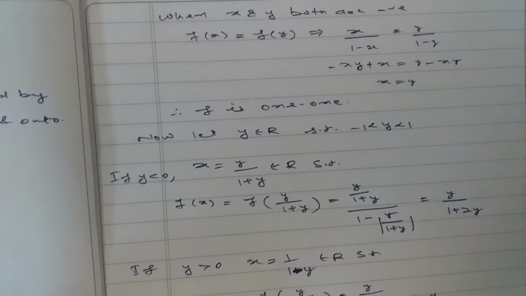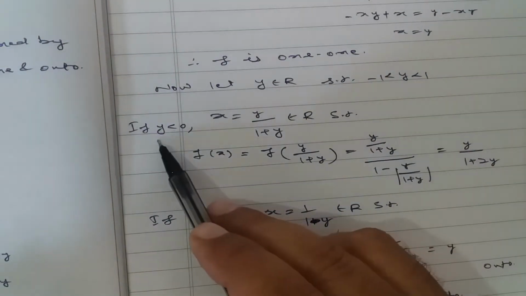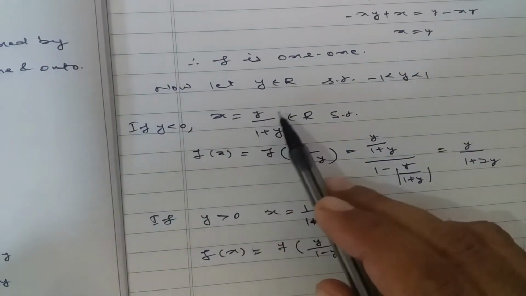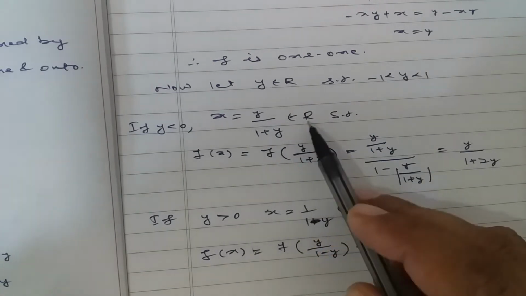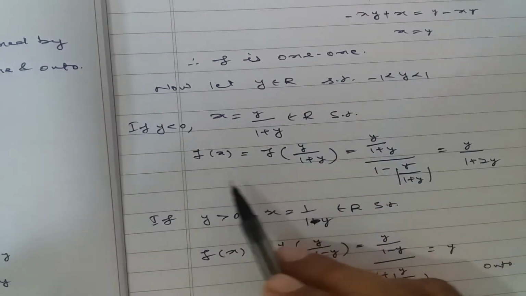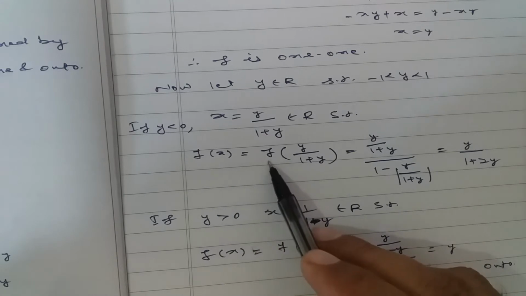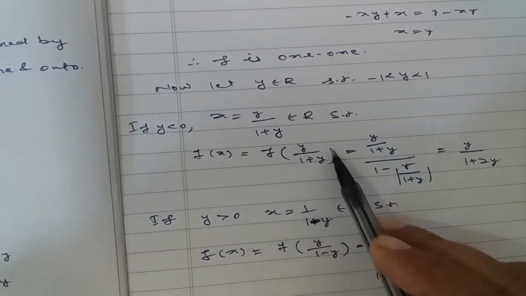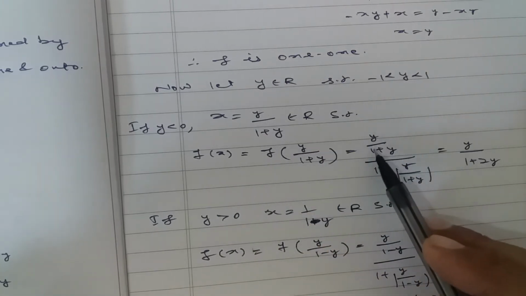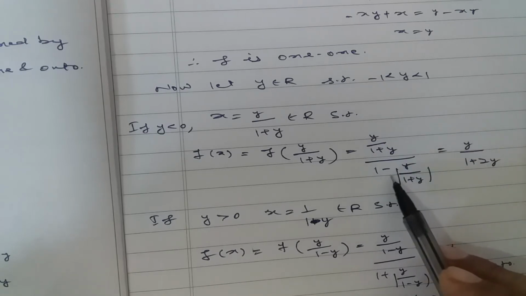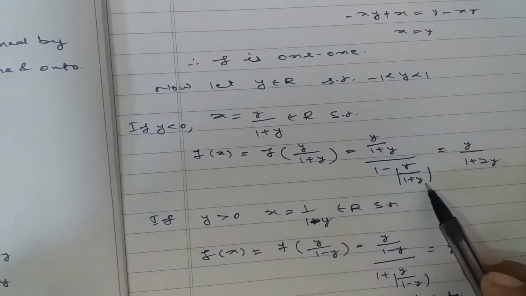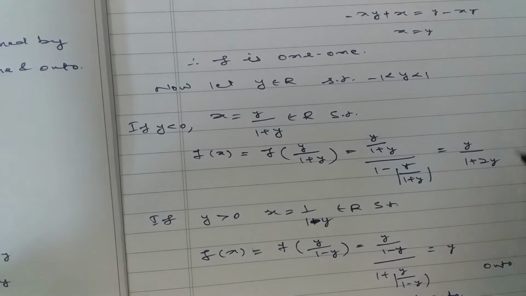Now let me check onto. If y is negative, then x is equal to y upon 1 plus y belongs to R, such that f(x) is f of, substituting this value of x, it becomes y upon 1 plus y over 1 minus y upon 1 plus y mod. So this is y upon 1 plus 2y.